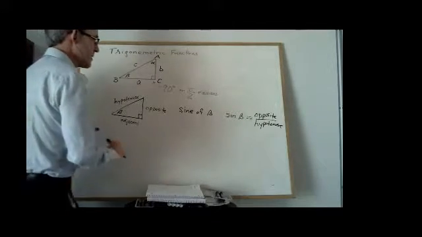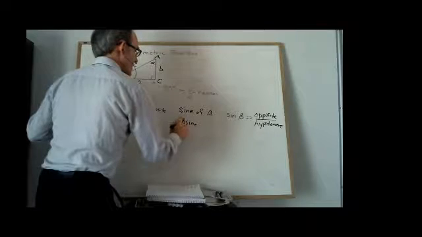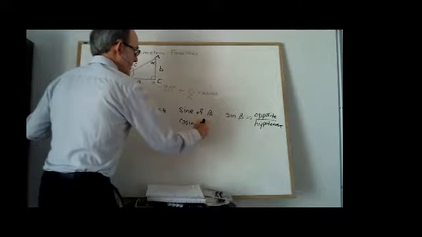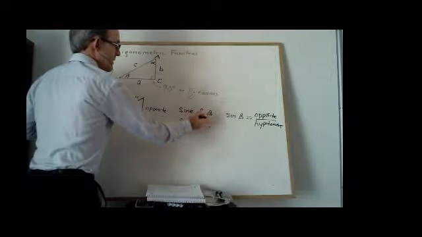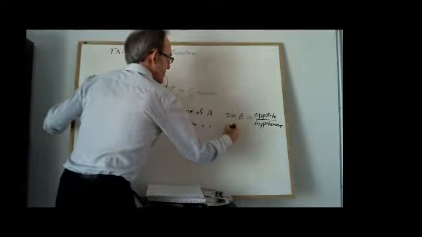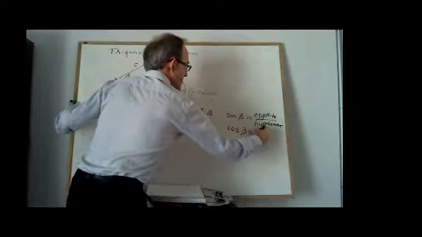And the cosine, so I'll spell it out. Cosine again of beta. This means ditto, just the same as above here. Is cos beta is the adjacent over the hypotenuse.